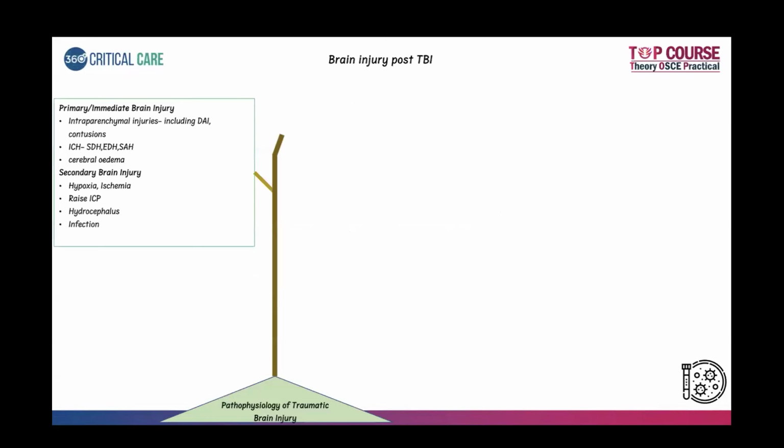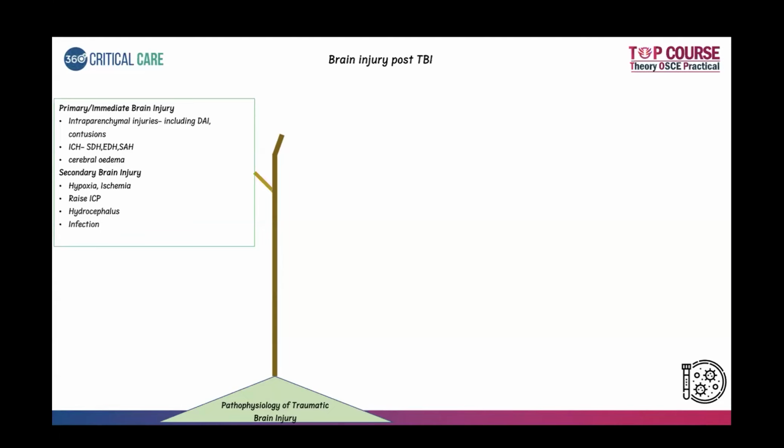Now, brain injury is classified into primary and secondary. Primary brain injury is what insult has happened to the brain, which includes either intraparenchymal injuries such as a diffuse axonal injury or a contusion, or intracranial hemorrhage such as subdural, extradural, or subarachnoid hemorrhage. All of that can lead to secondary brain injury.